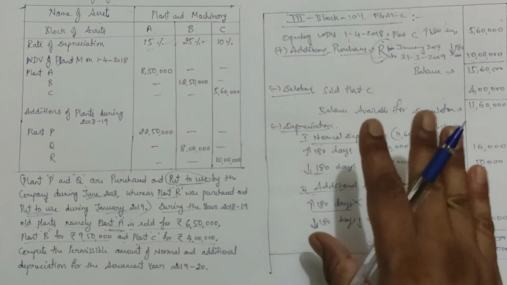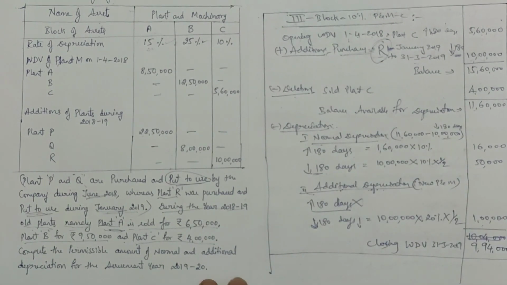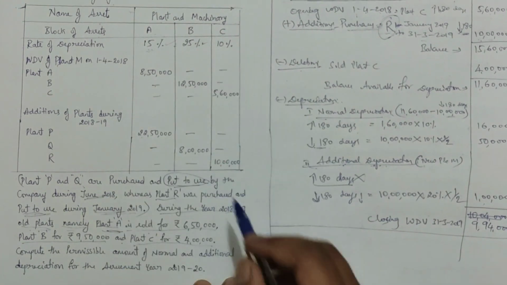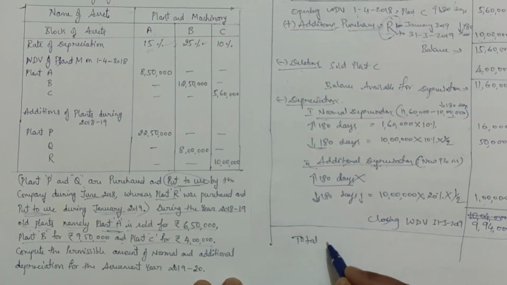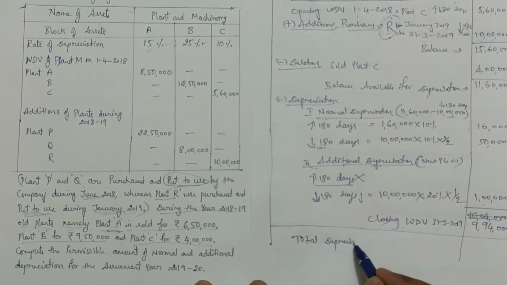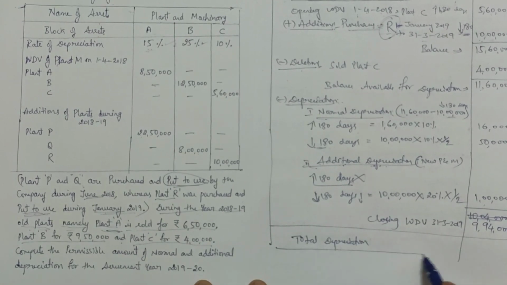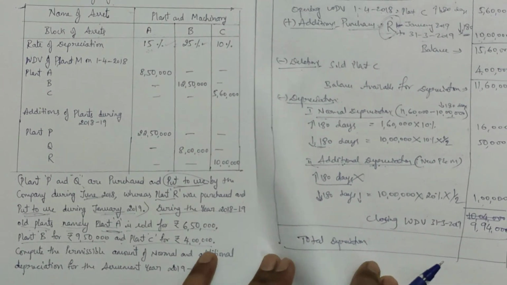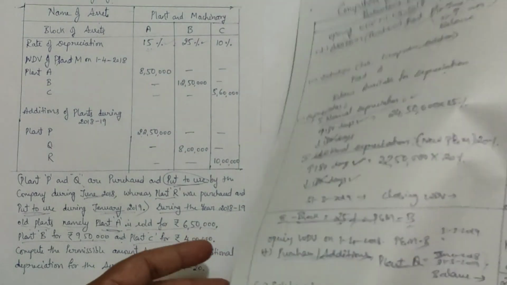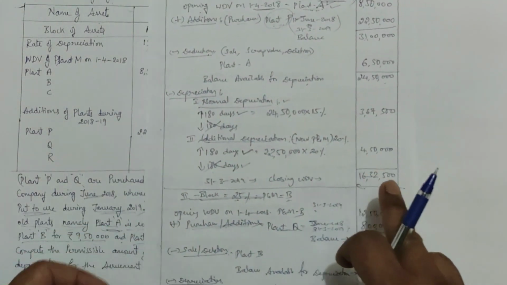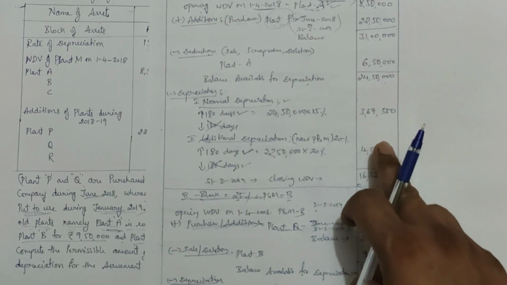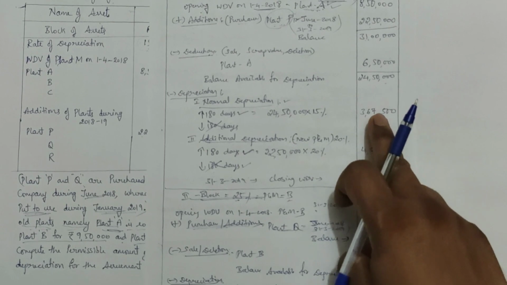So this is how we need to calculate depreciation. This is a computation of depreciation. So at the end, after taking all the blocks, we need to make a total depreciation from all the blocks. Clear? So first we will take block A. Here in block A, how much do we have first? 3,67,500. This is the first one.